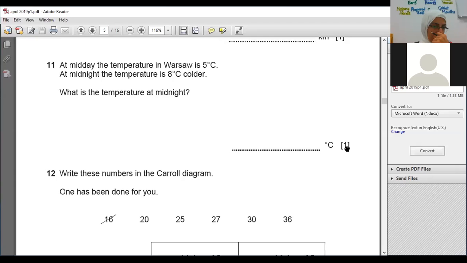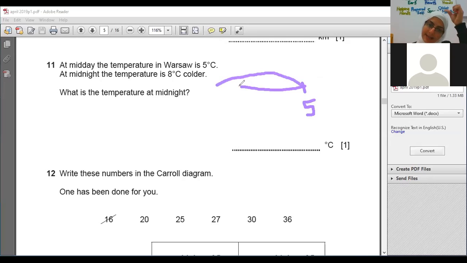So imagine if you have here a number line, and here is 5 degrees. I want to go backwards 8 steps.